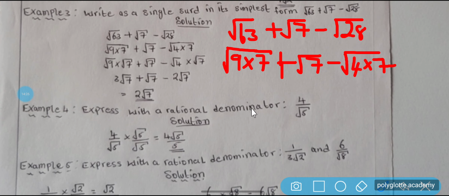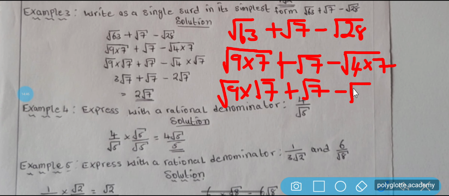So we're going to have root 9 times root 7 plus root 7 minus root 4 times root 7.